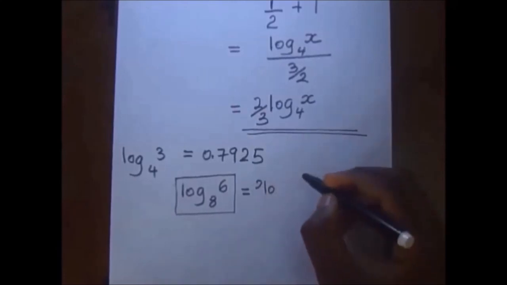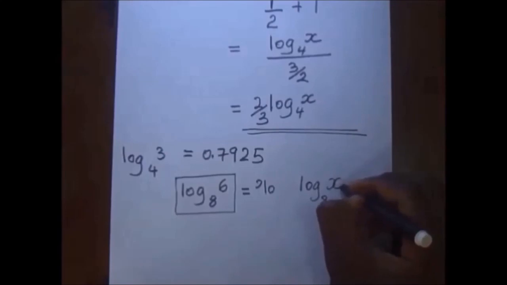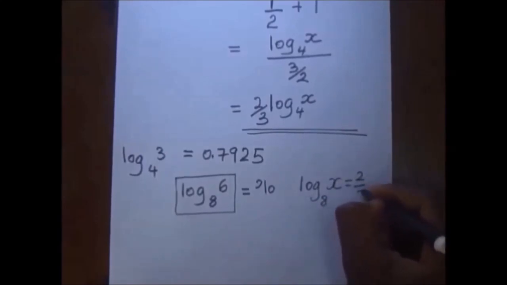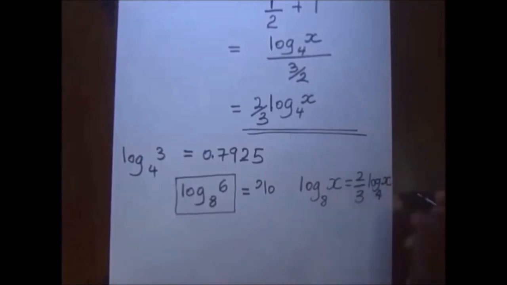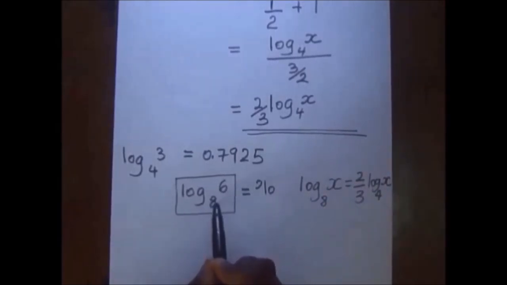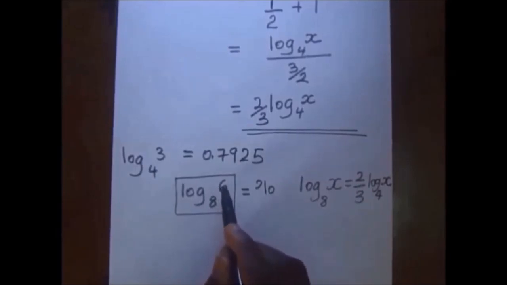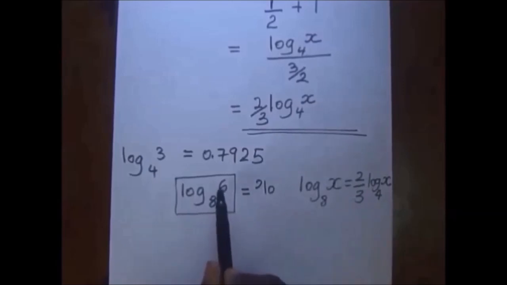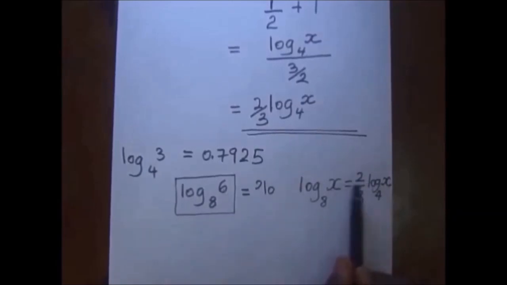From our previous calculation, we have seen that log of x base 8 is going to be equal to 2/3 log of x base 4. So if they want us to find the log of 6 base 8, it simply means that the value of x now is 6. So we shall go ahead and substitute this 6 in this expression, and then we continue with our calculation.